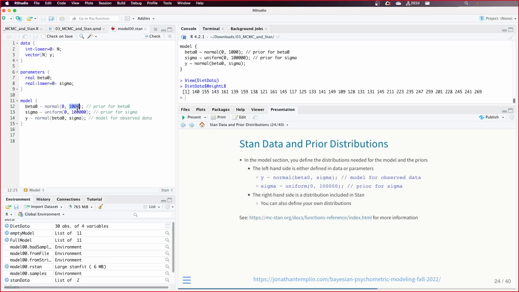When you look at our vector of weights, we ran a linear model, and I think the mean was like 171. So for us, the mean is 171. Our prior for beta says the mean is 0, which is not close to that, but the difference between 0 and 171 in the likelihood, when the standard deviation is 3,000, isn't very much.